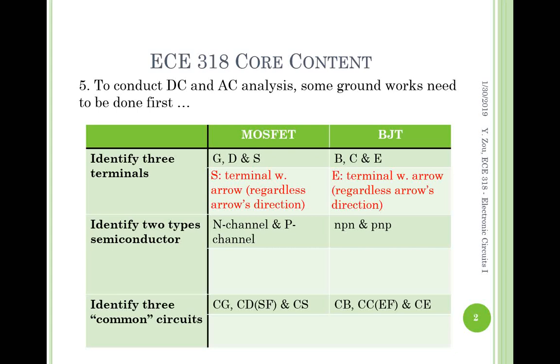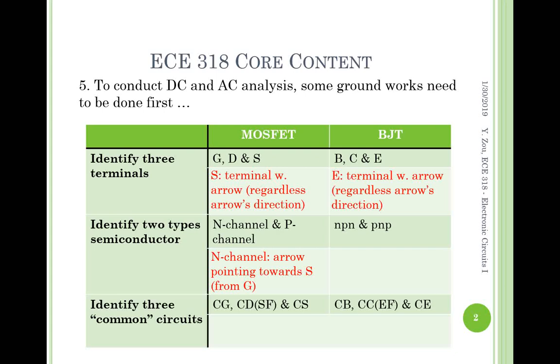Okay. And the second identification we need to do: because we have two types of MOSFET and two types of BJT, we need to tell which is which. It matters a lot to the circuit later on. So how to tell whether it is an N-channel or P-channel MOSFET? Actually it is not very difficult either. It depends on the arrow direction.